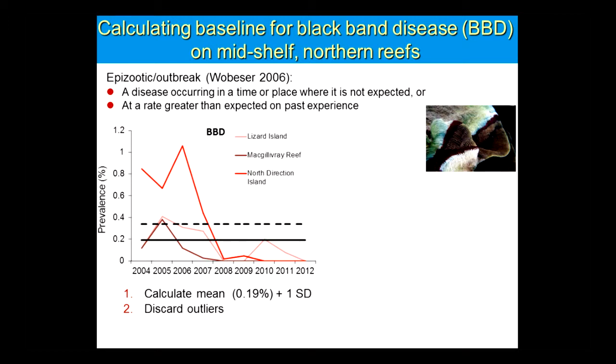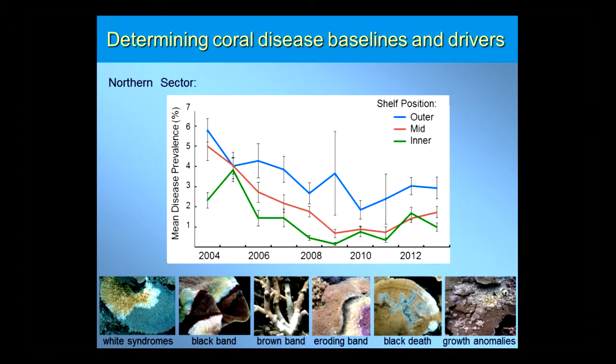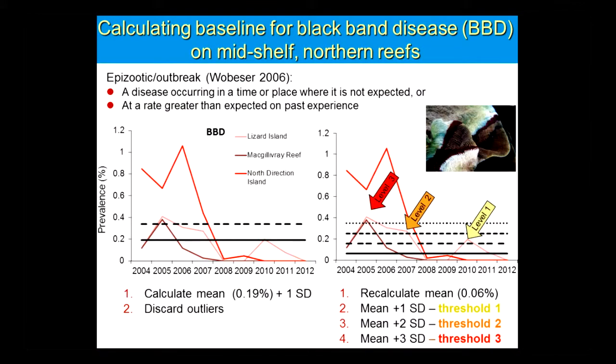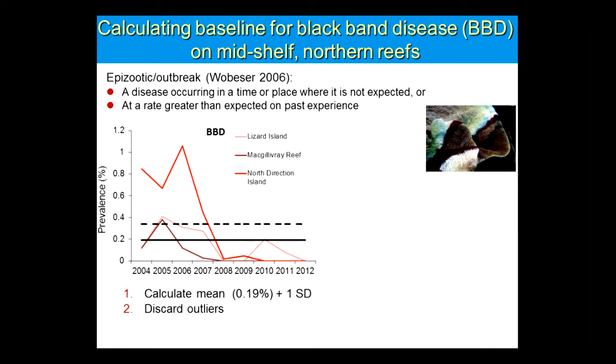In this case, I've said that we need to consider baselines at a shelf-specific level. So here are 3 reefs in the northern sector on the mid-shelf, and this shows the pattern over this time period. And what we've done is calculated a mean disease prevalence over the 10 years and one standard deviation, and then looked at some of these outliers.